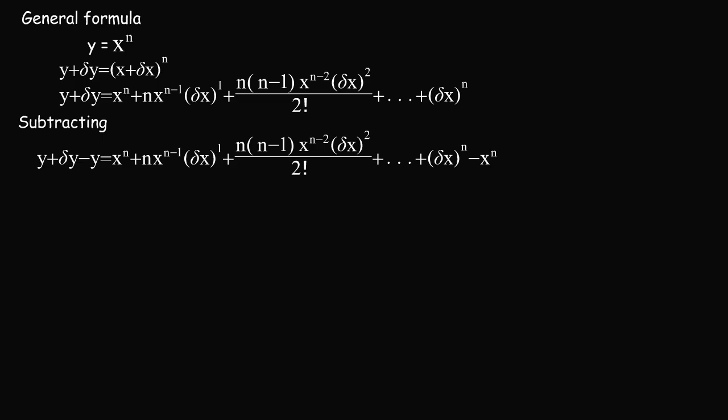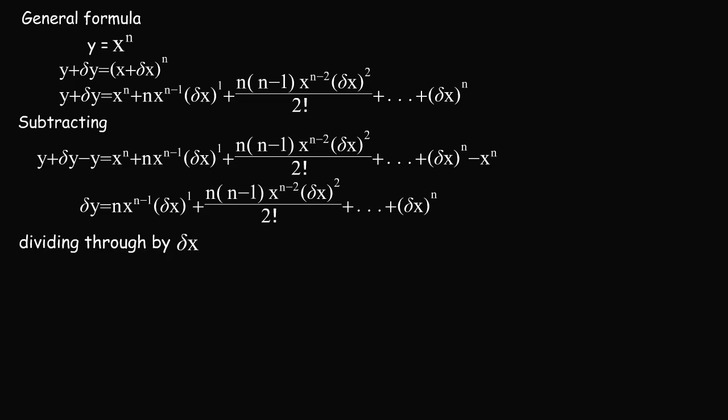Simplifying further, y plus delta y minus y will become delta y because y and minus y cancel out.